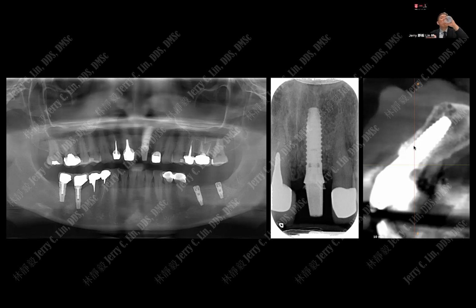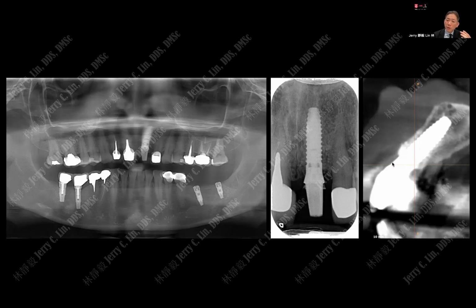Okay. So when I looked, we had good bone on the buccal, the implant angulation was a little bit compromised, but with soft tissue, we can amend that deficiency. So we don't need to remove the implant for aesthetics, but we need to build up more tissue.